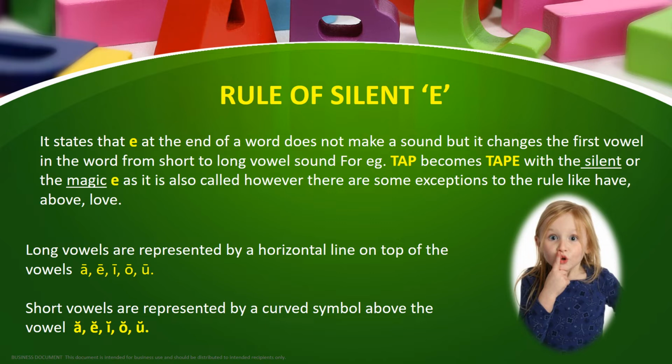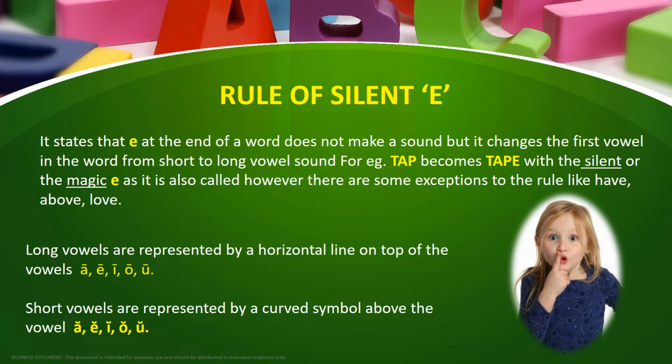Moving on. If you see a curve on top of E, it means it is a short vowel E. For example, in the word pet, E is not pronounced as E, it is pronounced as E, pet. So this E will have a curve on top of it.